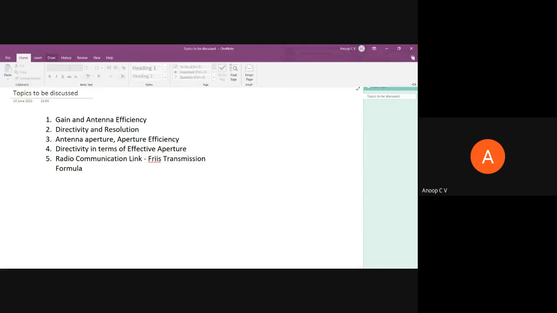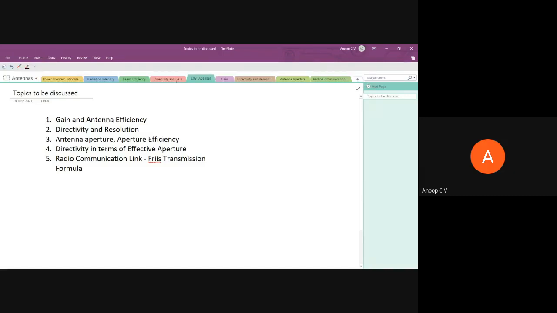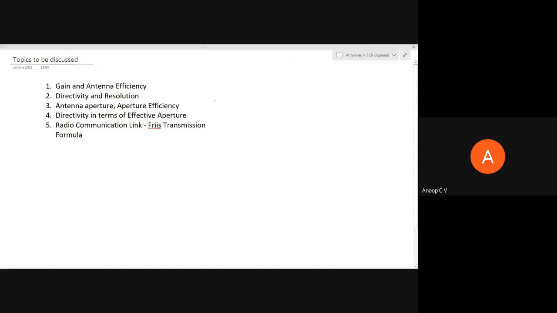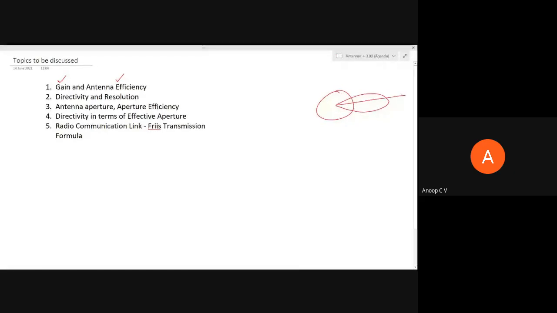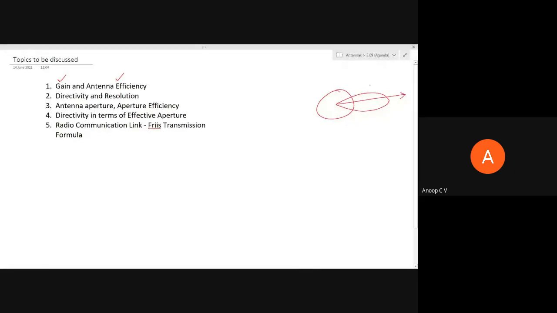In today's class, we'll be discussing gain and antenna efficiency. We have seen in the last class the directivity of an antenna: how much an antenna can concentrate power in a given direction.